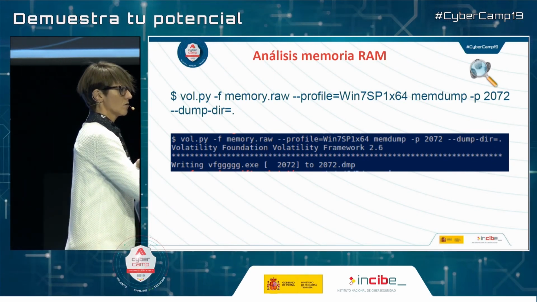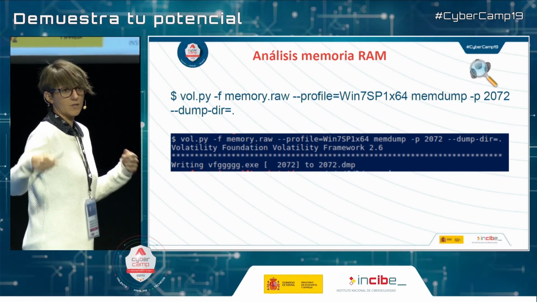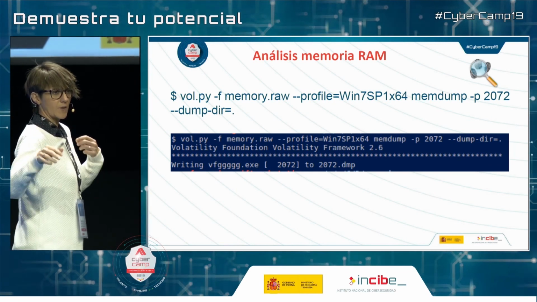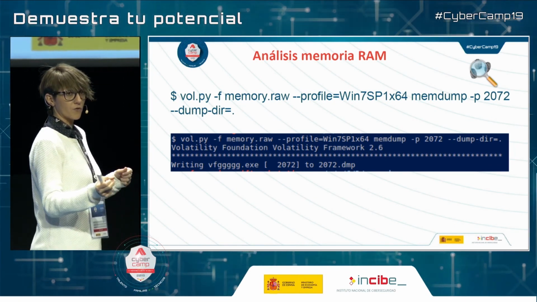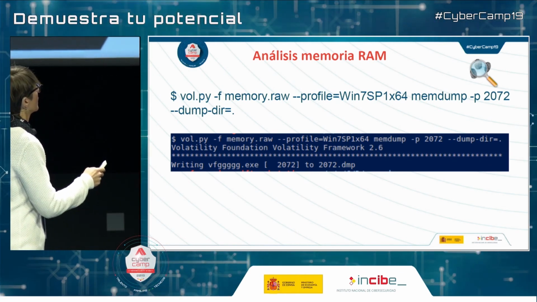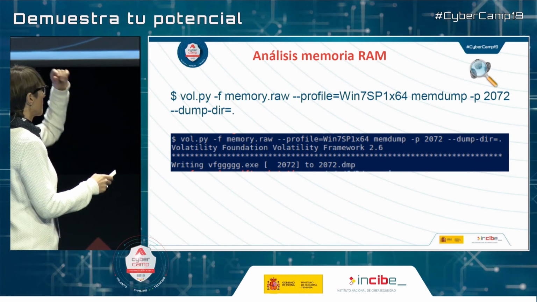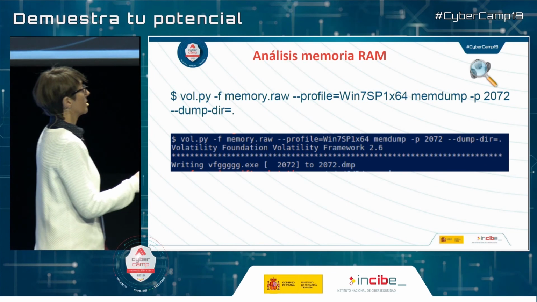So Volatility allows us to take the process, take it out from the memory, and take it to a forensics laboratory, so that we can analyze a process to see if it's malicious or not. We execute the tool, which is memdump.